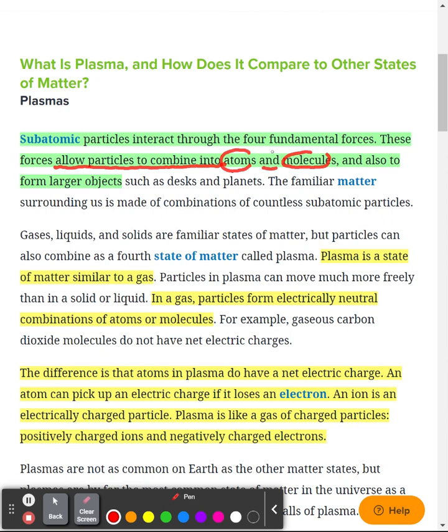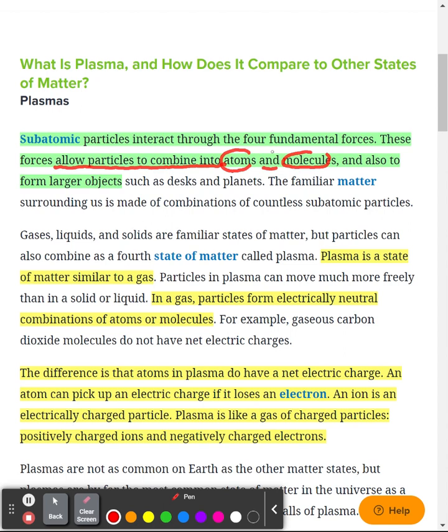Okay, so a little refresher here. Remember, and we're just lifting this directly from paragraph 2, gases form electrically neutral combinations of atoms or molecules. Neutral means no charge.